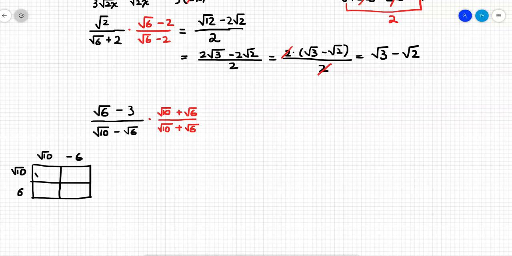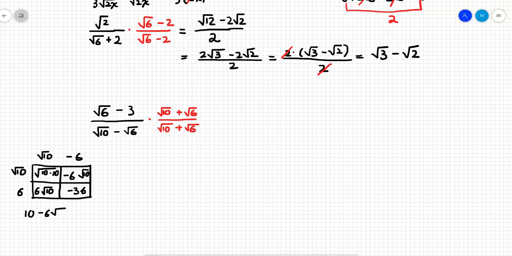Here the first one is square root of 10 times square root of 10. I have a minus 6 square root of 10, a positive 6 square root of 10, and then a minus 36. Square root of 10 times square root of 10 is just 10.